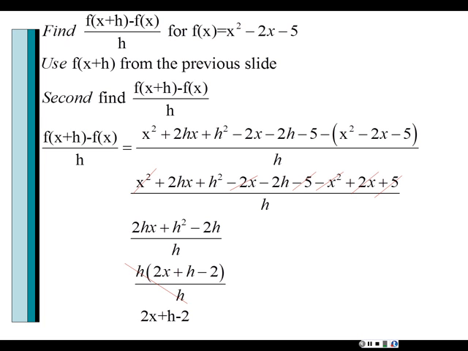So if you divide this by h, it will be 2x. If you divide h squared by h, you will get h. If you divide 2h by h, it will be only 2. So we write everything, and after that we can cancel h and h. And we are left with 2x plus h minus 2. This is your difference quotient. We'll probably do some exercises for sure.